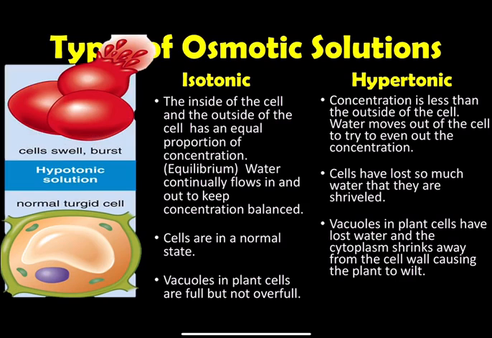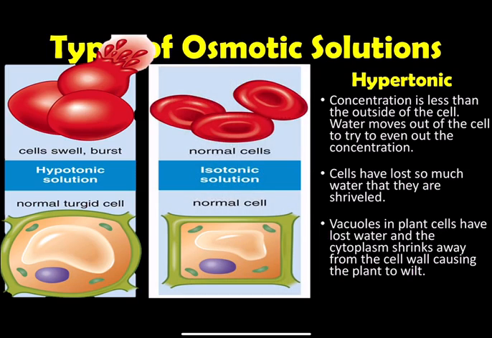If things are equal, they're balanced. It's good. Water continually flows in and out of the cell to keep the concentration balanced. In this state, cells are healthy and normal, and vacuoles in plant cells are full but not overfull. It's a healthy plant, which my plants rarely are.